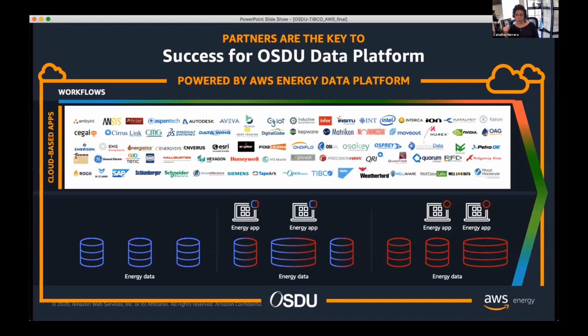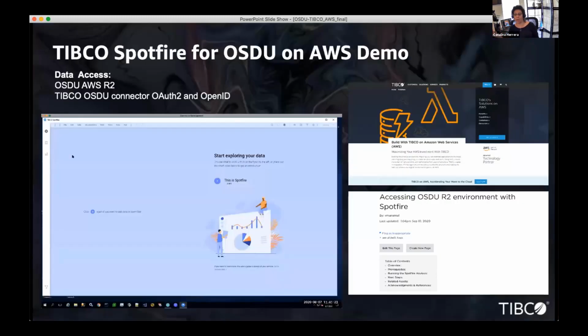So number one, AWS is developing this test environment, which is OSDU compliant, a platform we can connect to, ensure that we can load this data and have data interoperability, and that we can connect following all the protocols and all the standards that the OSDU community is aligning to be successful, right?